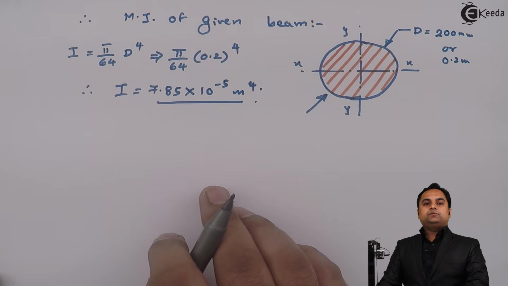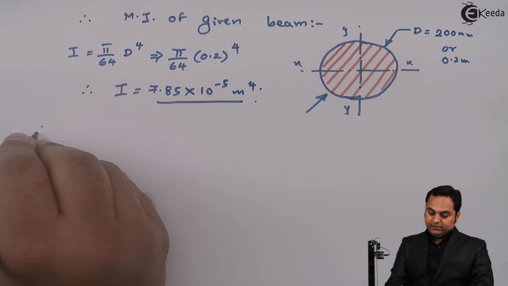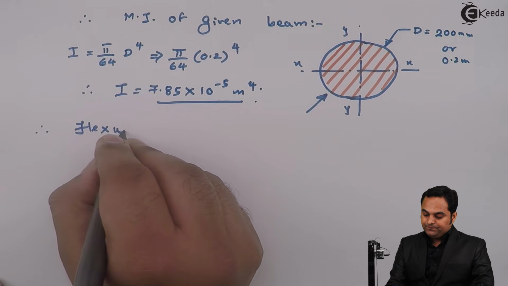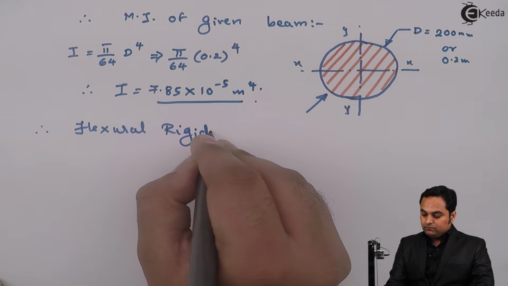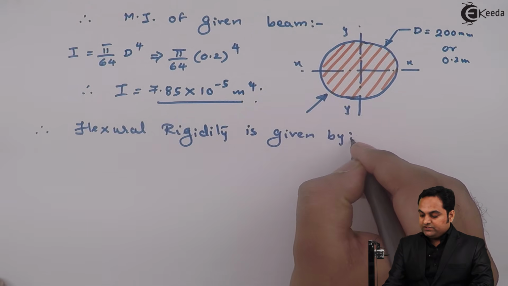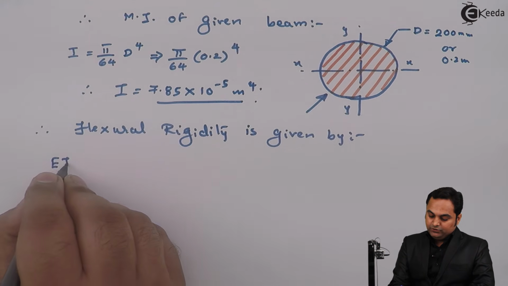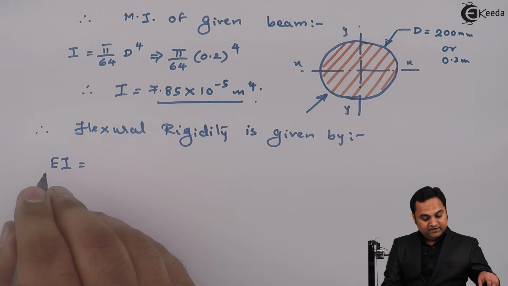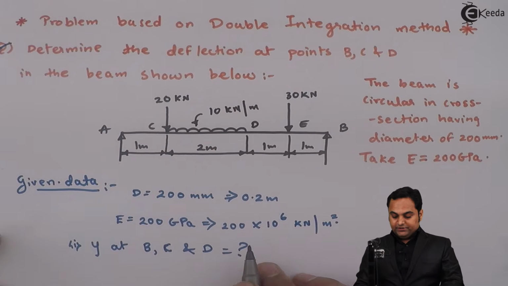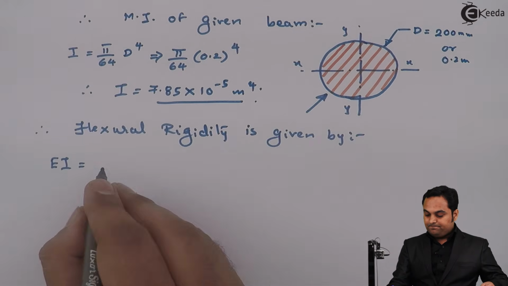Next E is given in the problem and therefore I'll find what is called flexural rigidity. Flexural rigidity is the term E into I, and E value is given, 200 into 10 raised to 6.